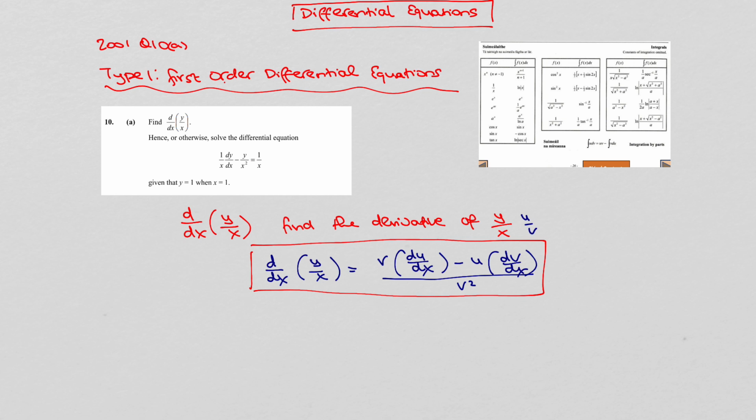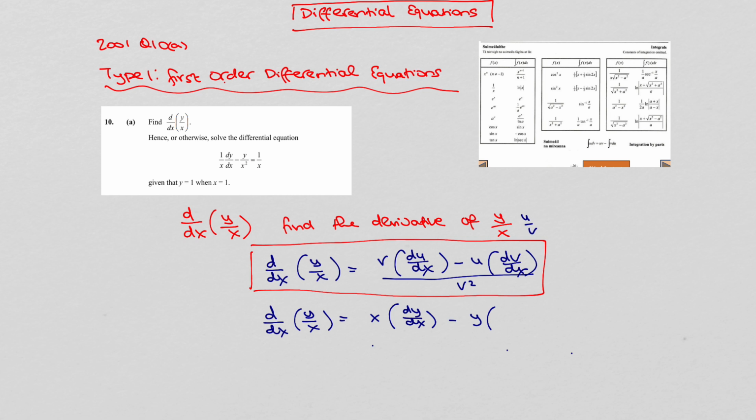So if I sub in for v and u here, the derivative of y over x is: v is x, times du/dx. So if I differentiate y with respect to x, I get dy/dx, minus u, which is y, times dv/dx.